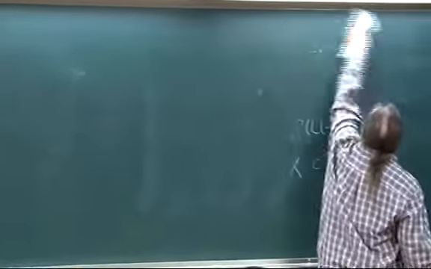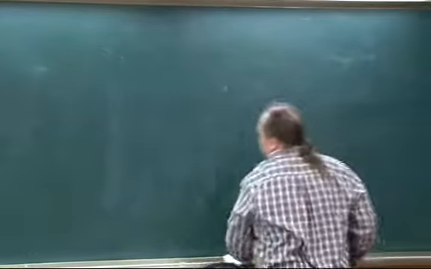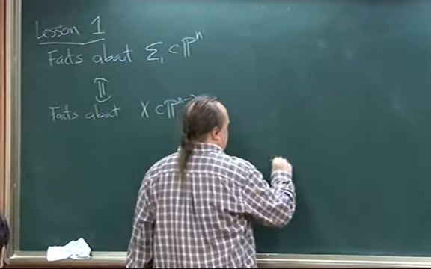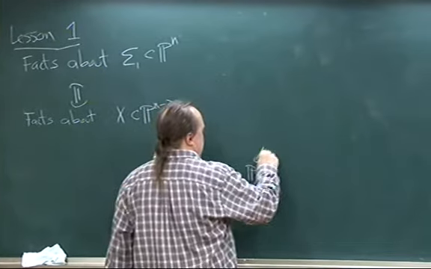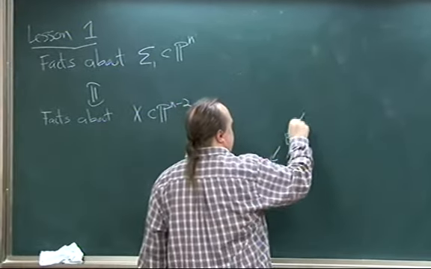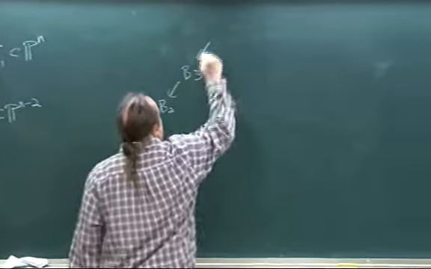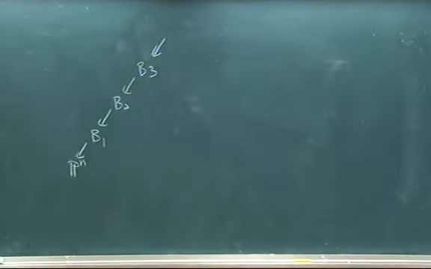Here comes lesson 2. So this picture, we have Pn. We have this first blow up, second blow up, third blow up. This keeps going.